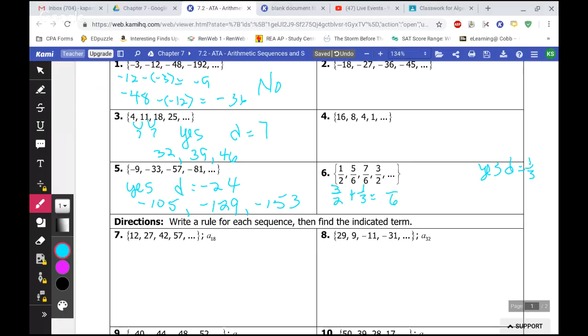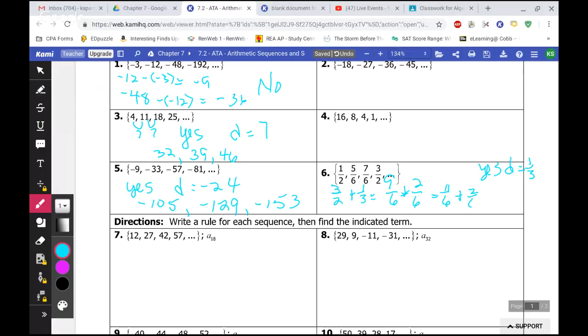So you would get a common denominator. 2 goes into 6 3 times, and 3 times 3 is 9. 3 goes into 6 2 times, and 2 times 1 is 2. So that's going to be 11/6. I'm going to add 1/3, but I know I'm going to have a common denominator.